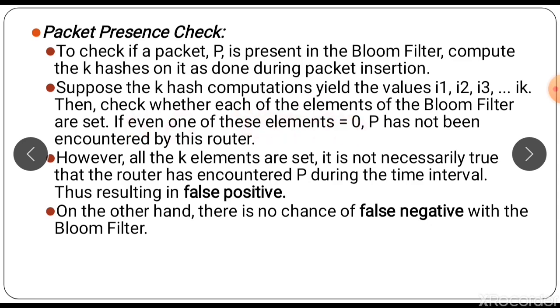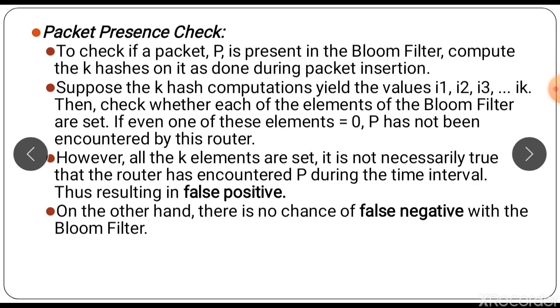If one of these elements is 0, P has not been encountered by that router. However, if all k elements are set, it is not necessarily true that the router has encountered P during the current time interval. This is called a false positive. On the other hand, there is no chance of a false negative with a Bloom filter.